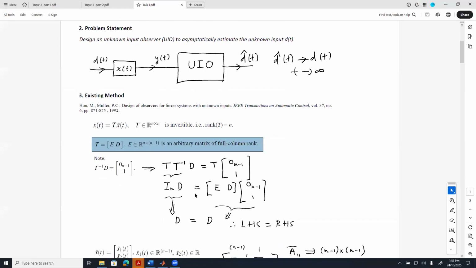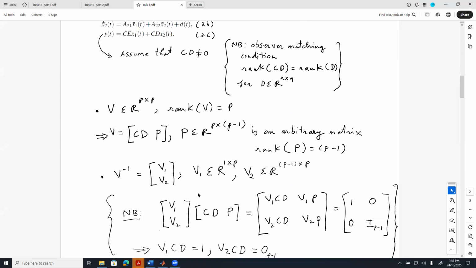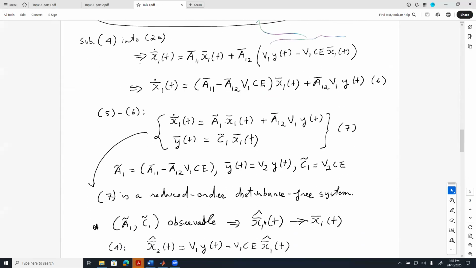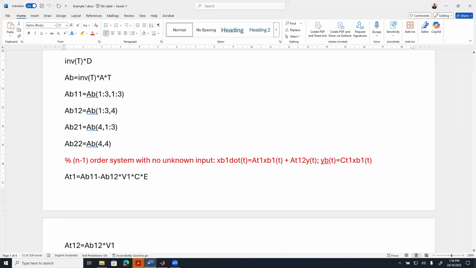Okay, so that is basically what we went through in talk 1. So we obtain this reduced order matrix, where this reduced order matrix is given by this formula, and so we do the coding accordingly.